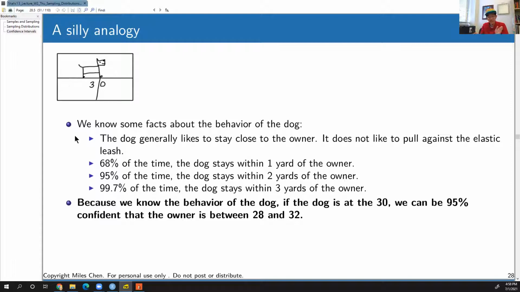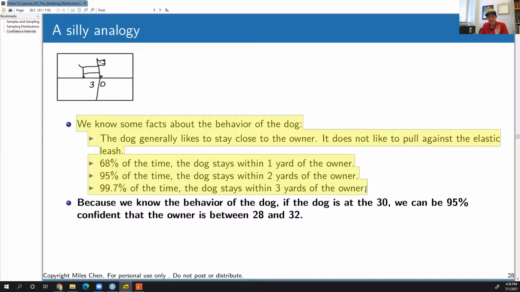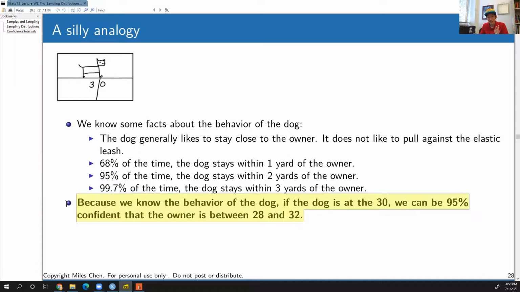Are we all good with making this kind of leap here? We see the dog's at the 30, and we know 95% of the time the dog stays within 2 yards of the owner. So based on that, I'm 95% confident that the owner is between 28 and 32.